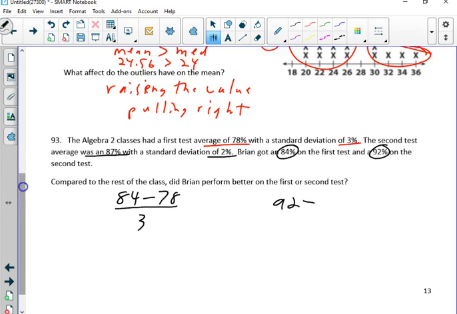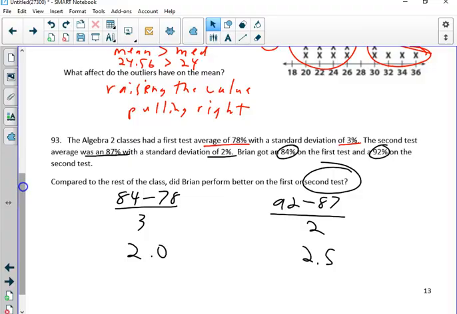Actual score minus average on the second test divided by the standard deviation. When you calculate that, you get 2.0 and 2.5. Which do you do better on? He did better compared to the rest of the class on the second one. And that is it.